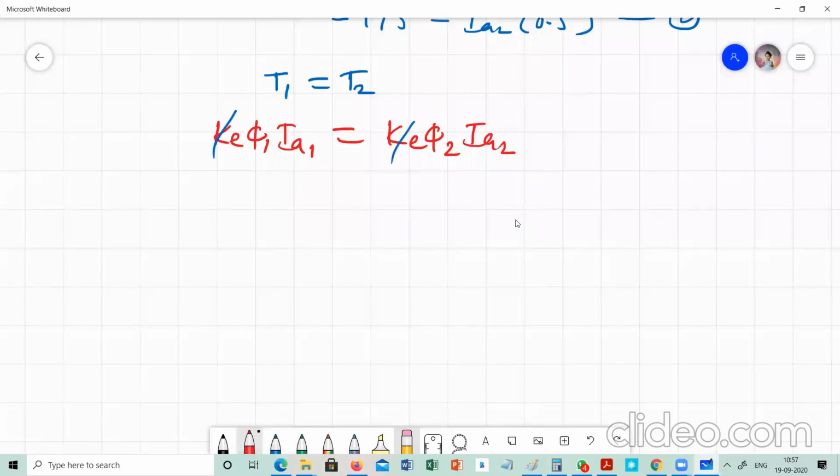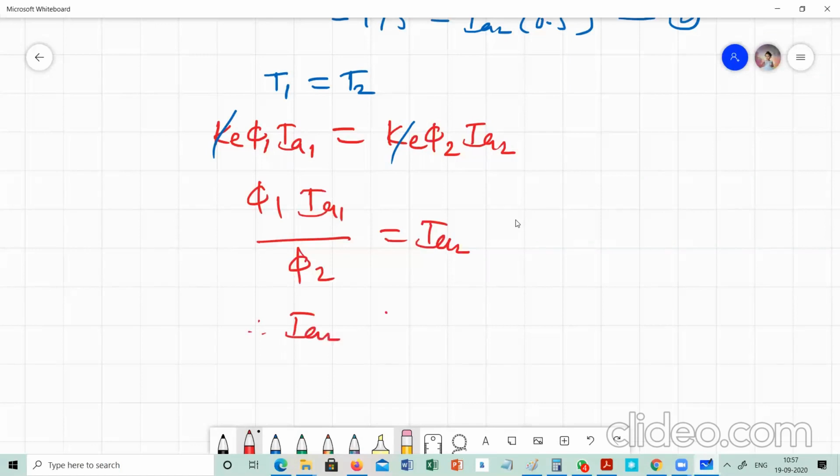We have to calculate IA2, which means phi 1 IA1 by phi 2 is equal to IA2. Therefore IA2 equals phi 1 by phi 2, which we have calculated as 8 by 7, and IA1 was 10.5.